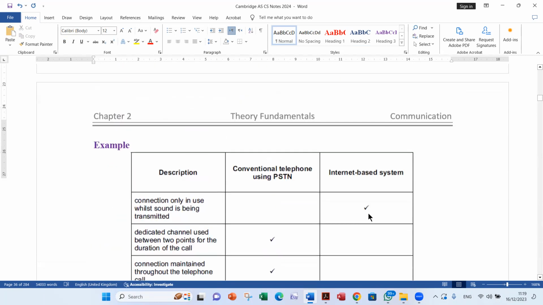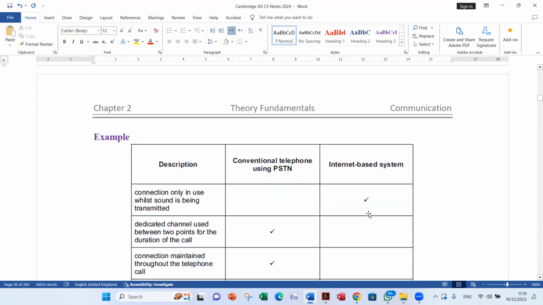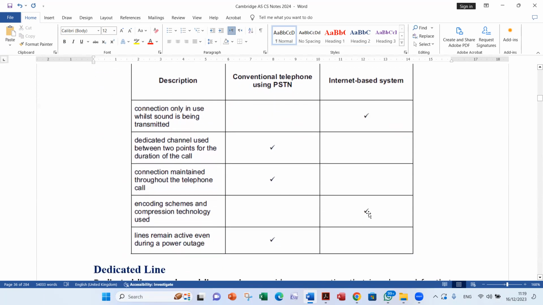And this is what is called voice over IP. Let us look at this comparison. Connection is only used when sound is being transmitted. This is the internet-based system. Dedicated channel used between two points for the duration of the call. This is the conventional telephone using a PSTN.